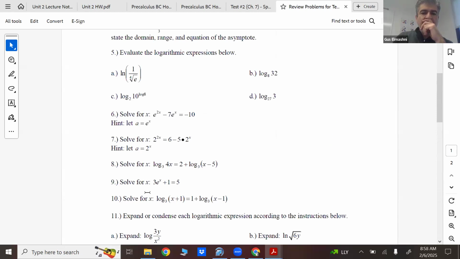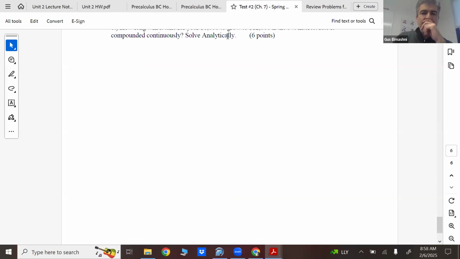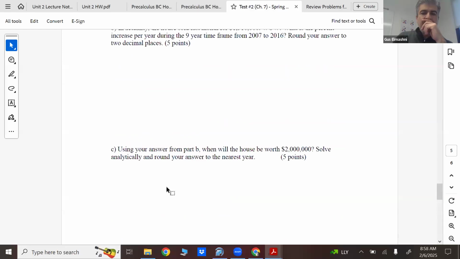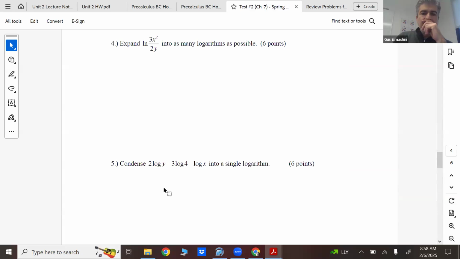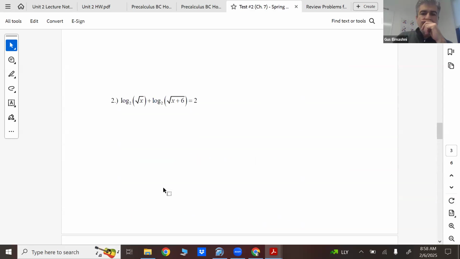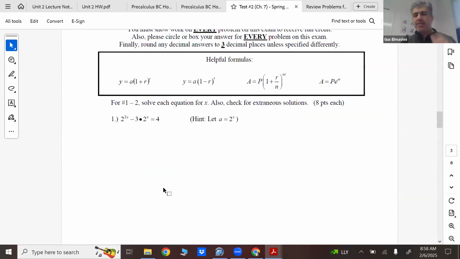Darn it, I really wanted to find this problem. It's driving me nuts. Well, let me just show one of these. Like something like this here. This is kind of crazy a little bit.